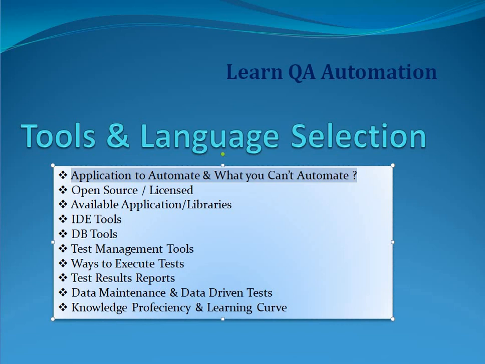Data maintenance. Before you even run your test, you need to make sure the test is runnable. So for example, you are logging into some banking application, and that application should have some mechanism that already has a balance there, right? Let's say you have a scenario to pay the bill, and there is no balance.